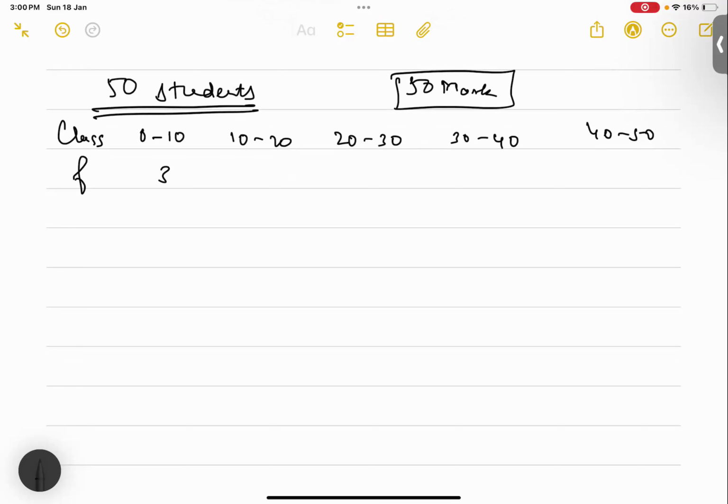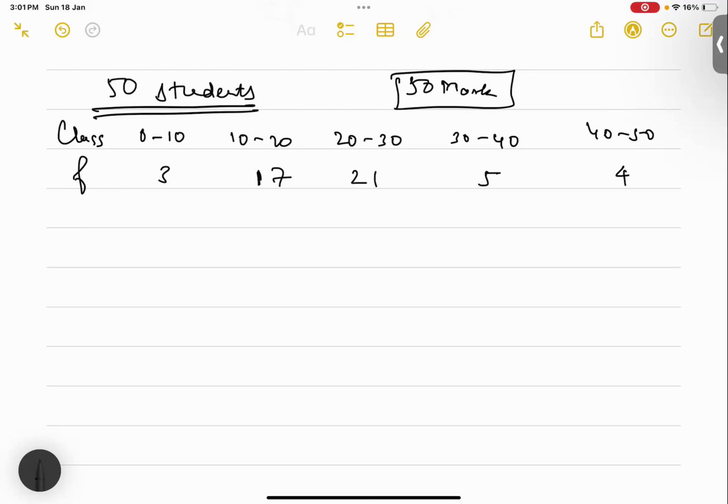There are 17 students who are getting between 10 to 20. There are 21 students who are getting between 20 to 30. There are 5 students who are getting between 30 to 40, and between 40 to 50, obviously, there are 4 students because the total is 50.